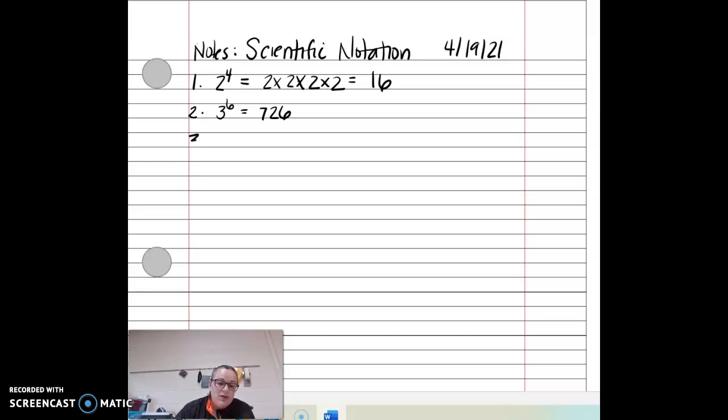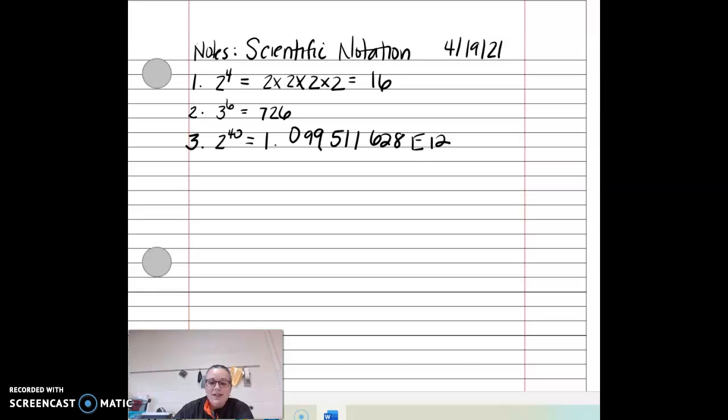Now, if you get out your calculator or go to desmos.com, and put in 2 to the 40th power, we're actually getting into some really big numbers, because this is saying I need 2 multiplied by itself 40 times. When you put that into your calculator, you actually get a decimal. You can get 1.099511628, and then you get this weird E12.